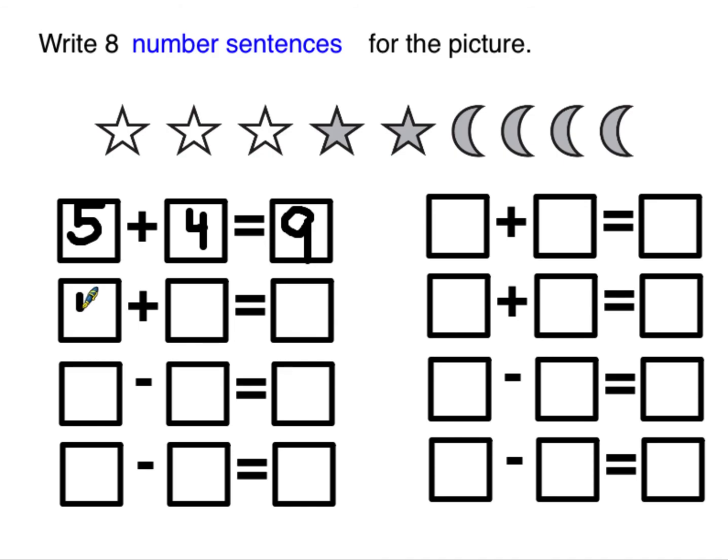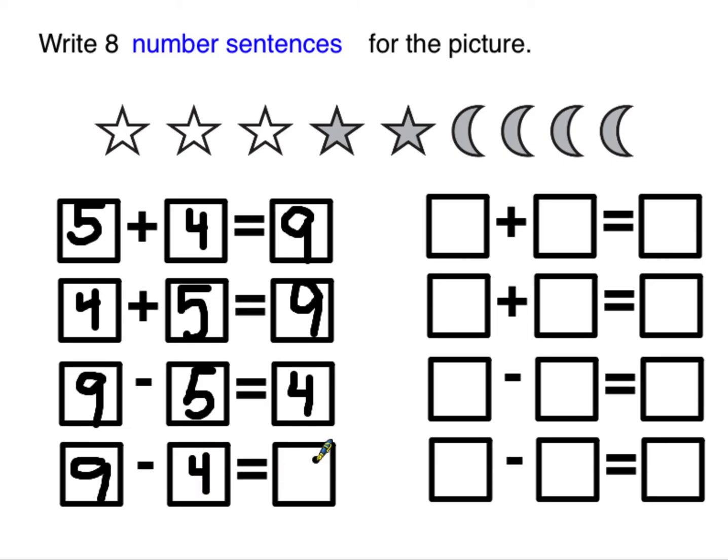Or 4 moons and 5 stars are still 9 shapes altogether. 9 shapes altogether. Take away the 5 stars, leaves you 4 moons. Or 9 shapes altogether. Now we're going to take away the moons and end up with the stars.